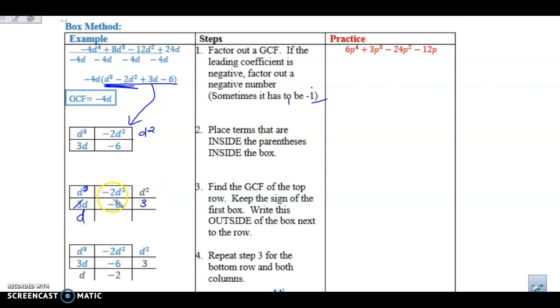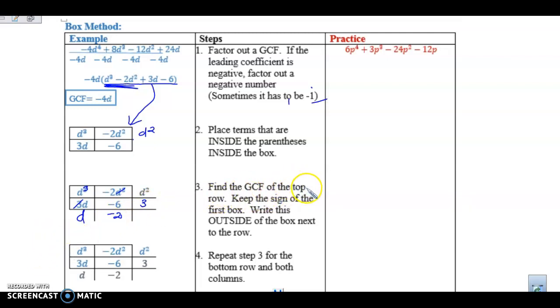And then here, if I take 3 away from negative 6, it gives me negative 2. Negative 6 divided by 3 is negative 2.